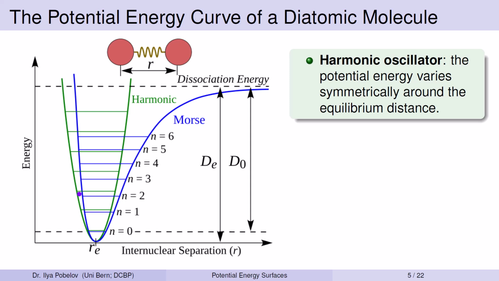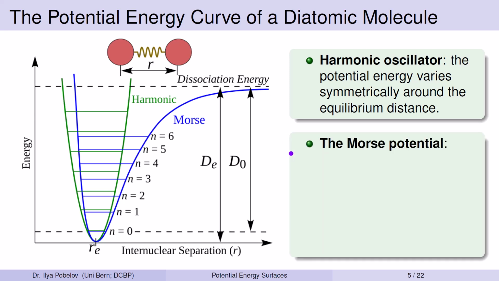However, a purely harmonic approximation is insufficient for many purposes, such as describing the breaking of molecular bonds. The Morse potential provides a more accurate description of molecular vibrations compared to the harmonic oscillator model.